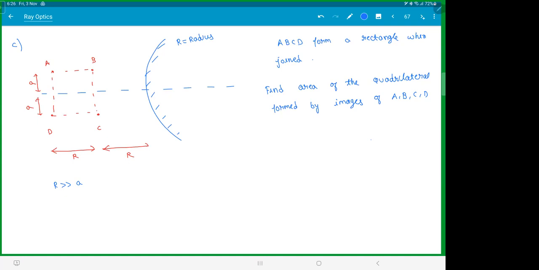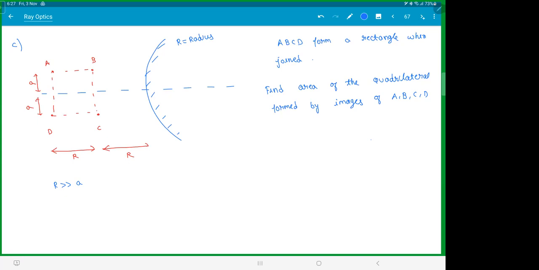Try. 1 more minute. The options are 4AR by 225, 20AR by 18, A square by 9, AR by 60.